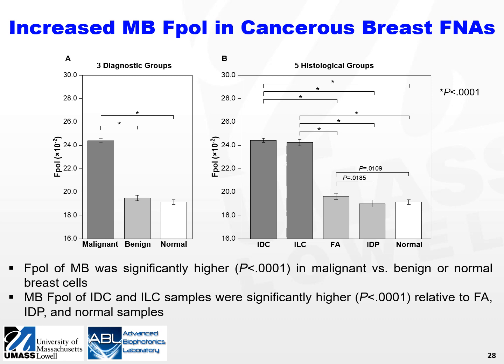We also looked at the 5 histological groups and found that methylene blue fluorescence polarization of ductal carcinoma and lobular carcinoma samples were significantly higher relative to the fibroadenoma, intraductal papilloma, and normal samples.